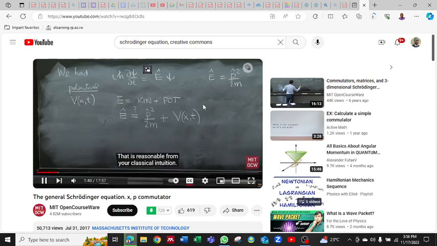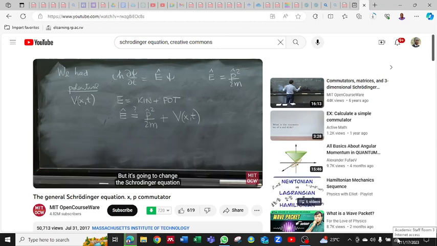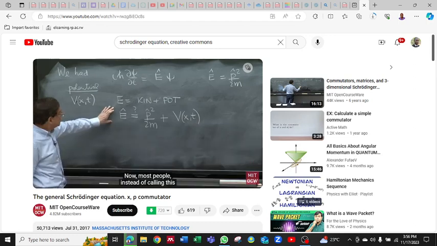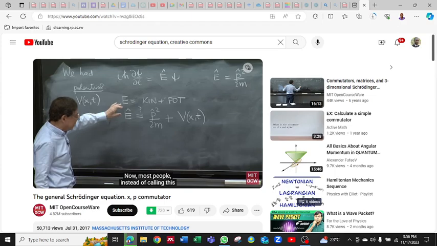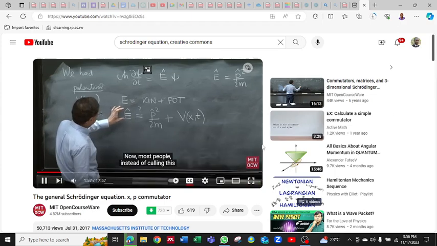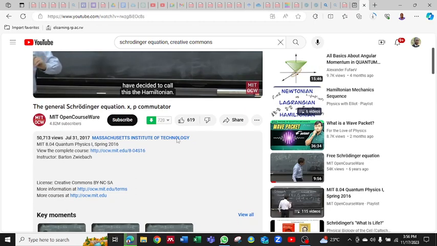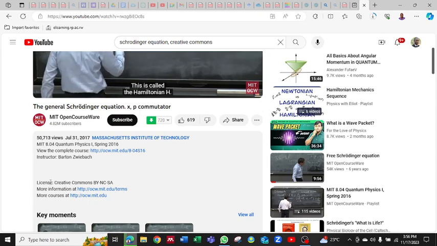That is reasonable from your classical intuition. The total energy is the sum of them. But it's going to change the Schrödinger equation quite substantially. Now, most people, instead of calling this the energy operator, which is a good name, have decided to call this the Hamiltonian. So that's the most popular name for this thing.